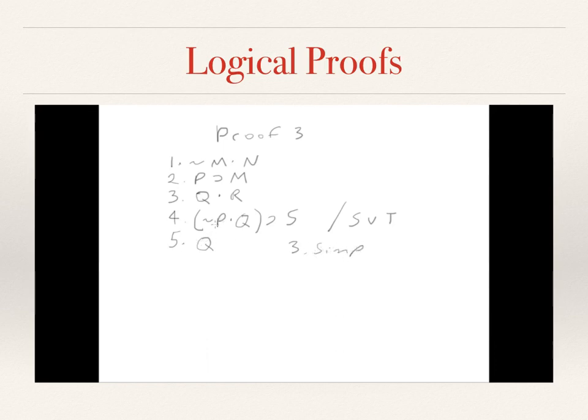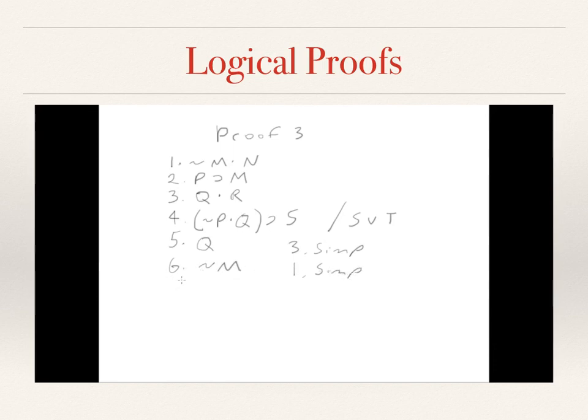And now we want to add not P to Q, but we don't have not P yet. But we do have P implies M, and if we could end up with a not M, then through modus tollens we could end up with not P. And we do have a not M here, a not M conjoined with N. And so through simplification, we can end up with not M by line 1 simplification.